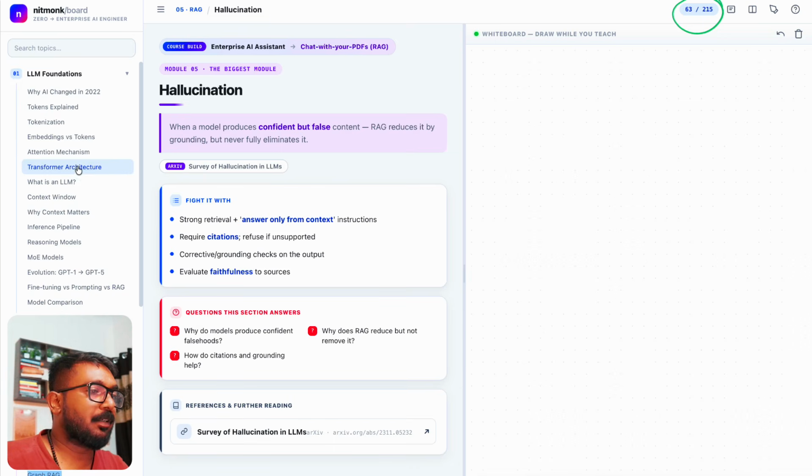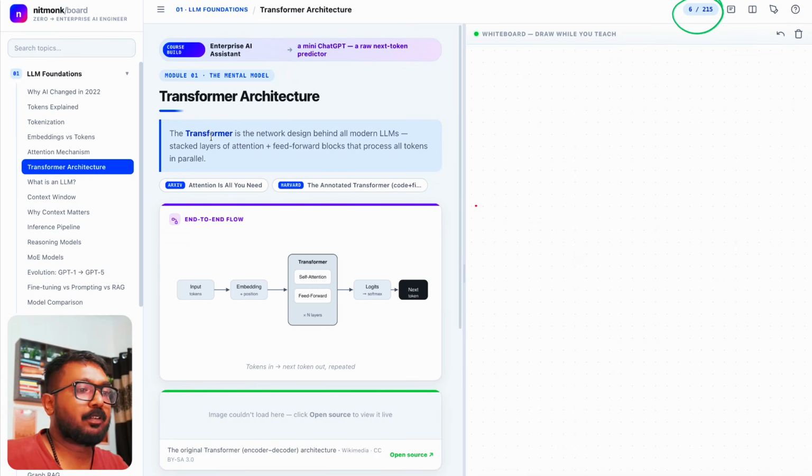So now let's try to understand the transformer architecture. Transformer is the network design behind all modern LLMs, stacked layers of attention plus feed forward blocks that process all tokens in parallel. This feed forward block is responsible for generating the next tokens, and the next tokens, till you get your answer to the question you asked, right?